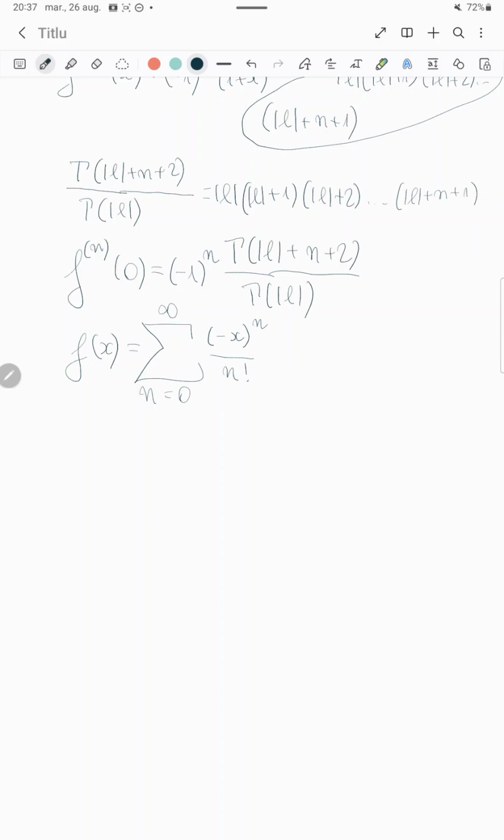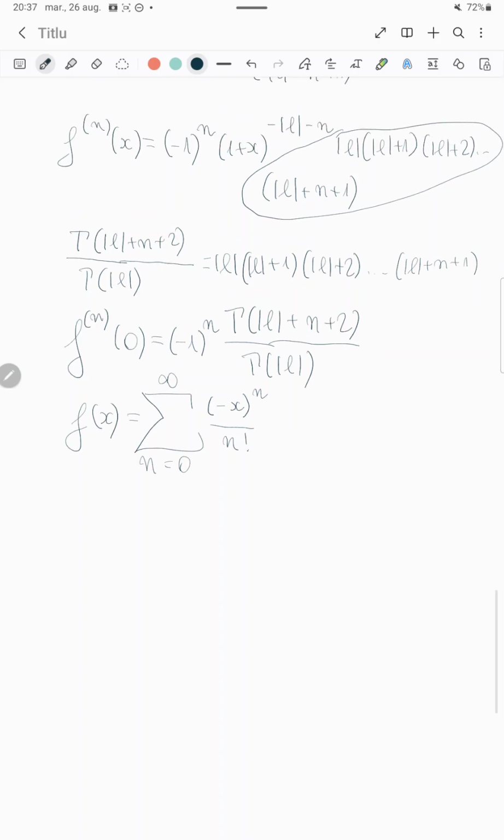Now this is over n factorial, and then all multiplied by this ratio, which is gamma of the absolute value of n plus L plus 2 divided by gamma of the absolute value of L. Okay, hopefully you understood what happened here.